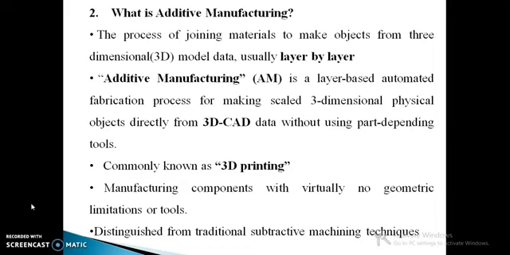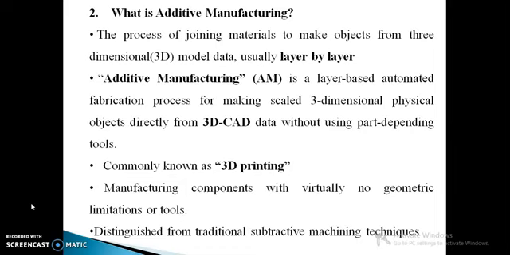Another definition: additive manufacturing is a layer-based automated fabrication process for making scaled three-dimensional physical objects directly from 3D CAD data without using part-dependent tools. Means you are not using any tool to create an object, and the 3D CAD model is fed to the machine to create a 3D object with the help of layers.